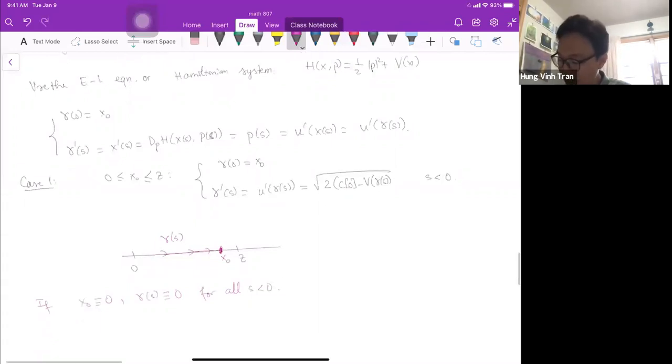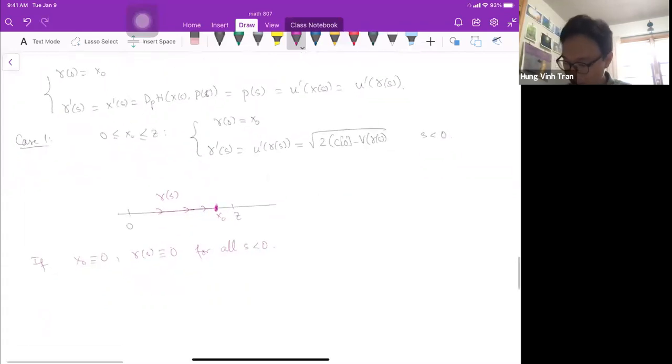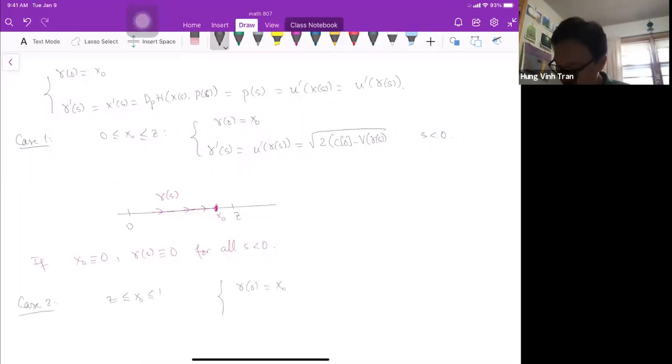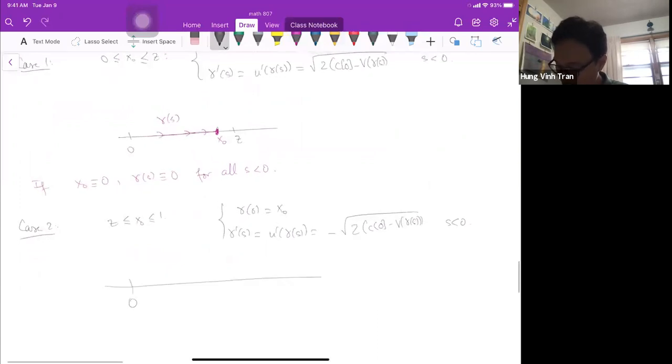And similarly, again, there's one hidden point here I haven't told you, but let me tell you case 2. Similarly, if z is less than or equal to x naught less than or equal to 1, then your calibrated curves could be decreasing. Okay, so I'm trying to do it quick so I can tell you one really important hidden point.